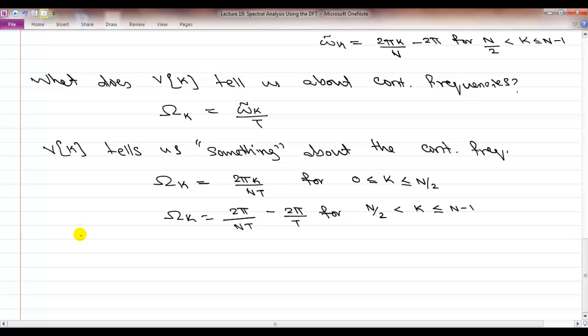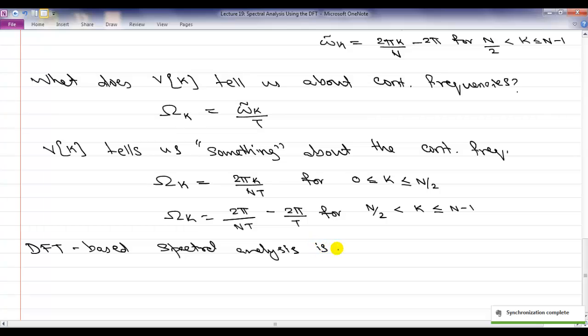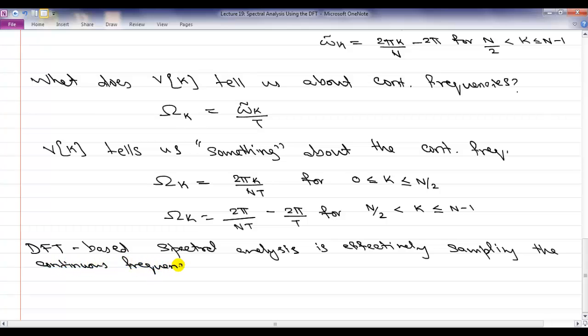If you go through this relationship between continuous and discrete frequencies, then DFT-based spectral analysis is effectively sampling the continuous frequencies every 2 pi over N T radians per second.